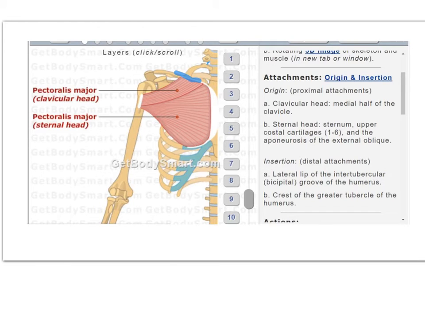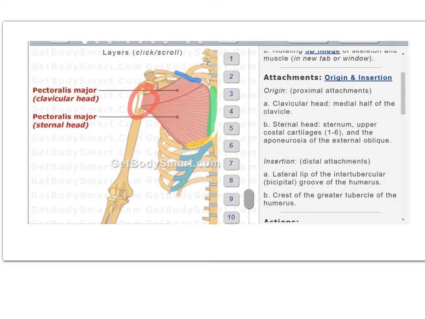The clavicle, sternum, and the costal cartilages. So I've color coded those three origins, but they all insert at the same place, the humerus, on this part of the humerus.